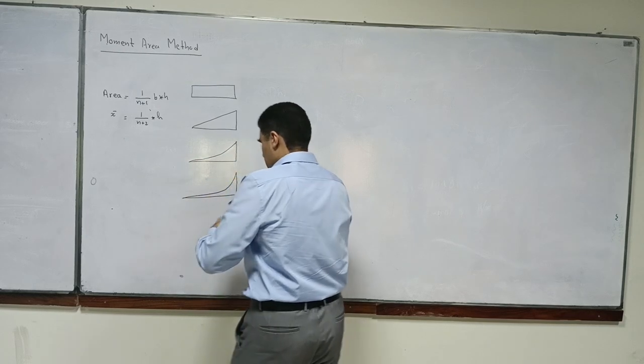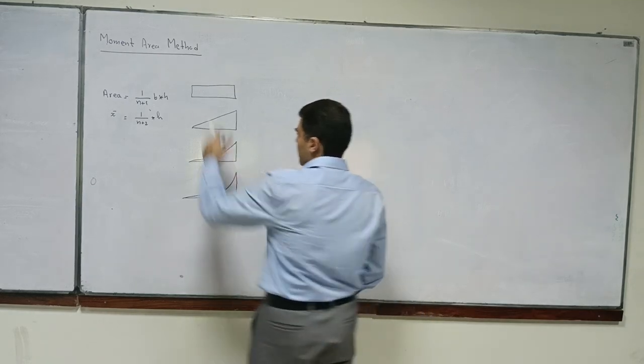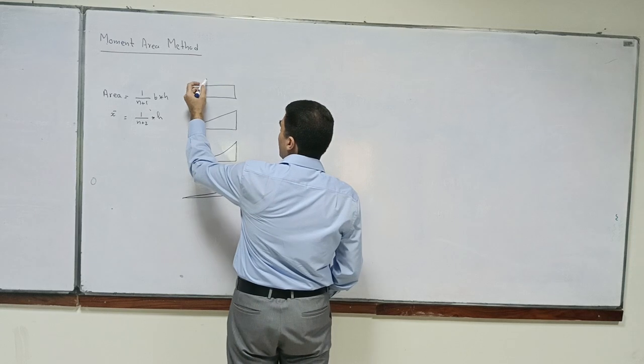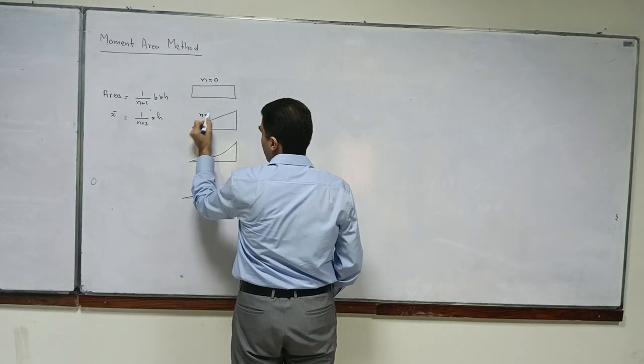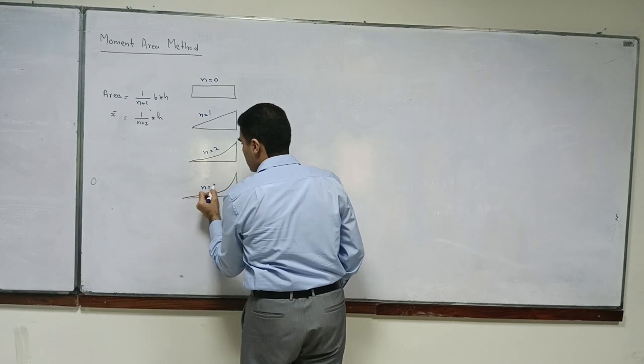So these are the different areas which we can have in our structure analysis. In this case, n is equal to 0. In this case, n is equal to 1, n is equal to 2, and n is equal to 3.